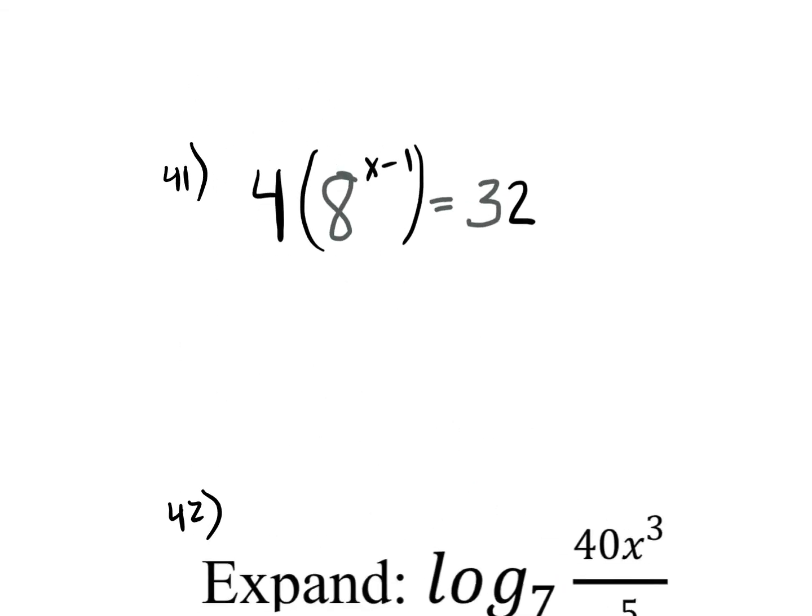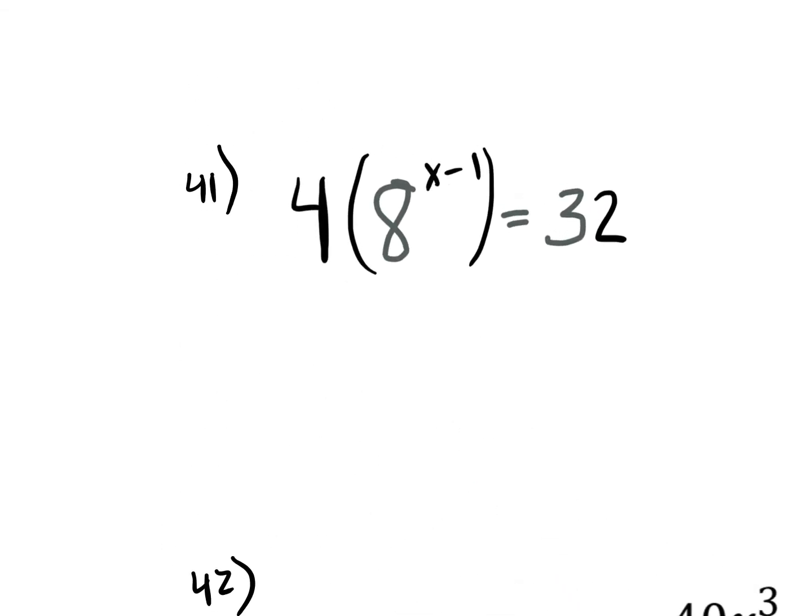All right, so 41. What do I need to do to solve for x? Awesome. Divide by 4. You want to get the number with the x in the exponent all by itself. So we're going to divide both sides by 4. So I have 8 to the x minus 1 is equal to 8.